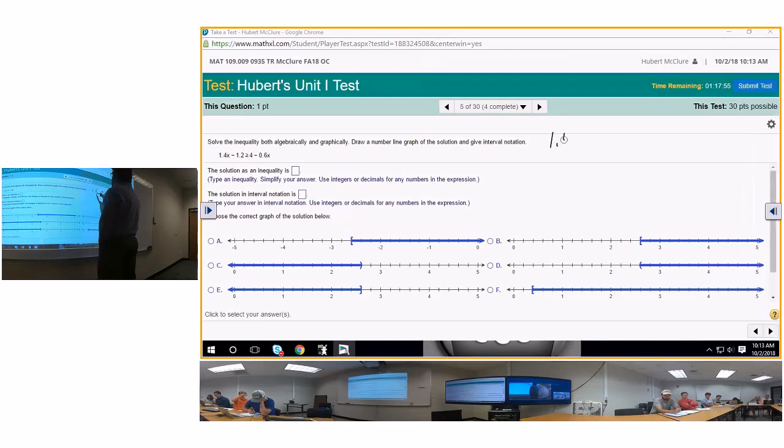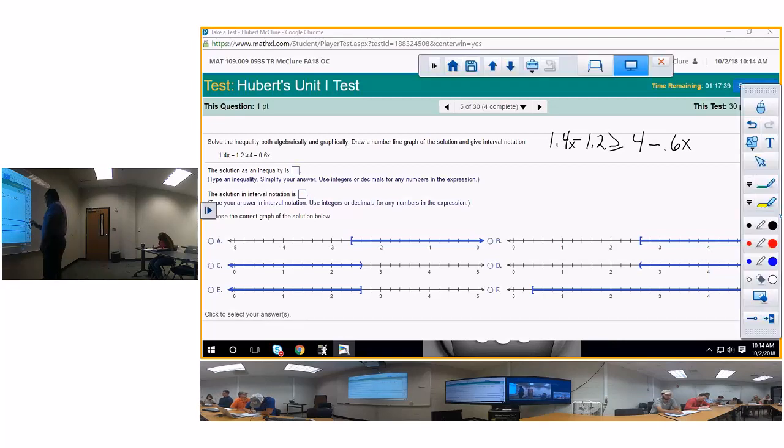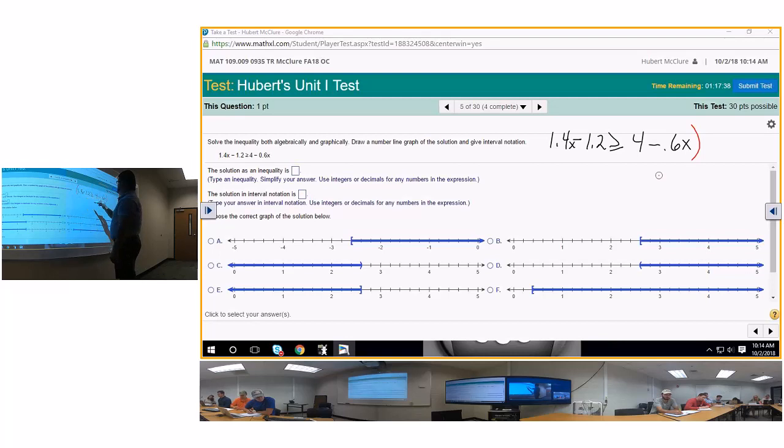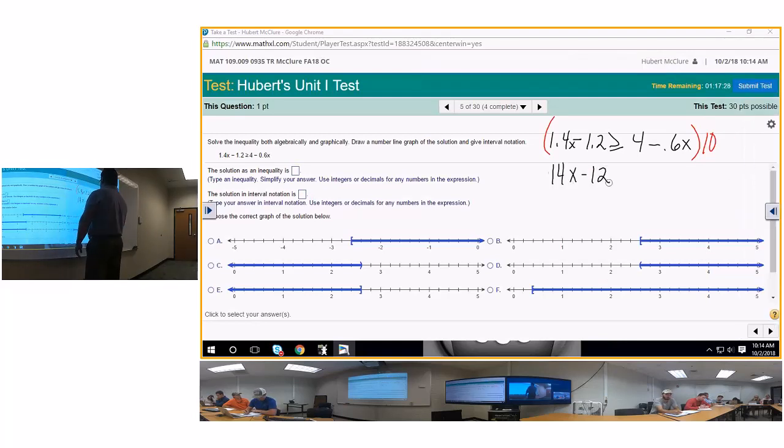1.4x minus 1.2 greater than 4 minus 0.6x. I'm going to clear the decimals also. The tenths place is taken up, right? So I'm going to multiply everything by 10 because I don't want to have to depend on a calculator. So that's going to be 14x minus 12 greater than 40 minus 6x.